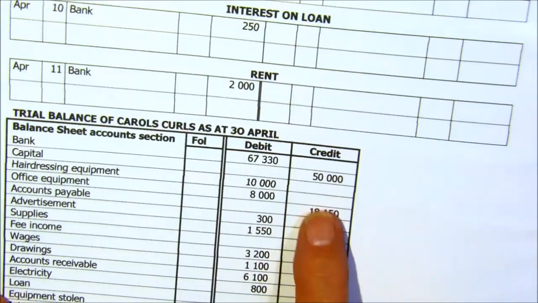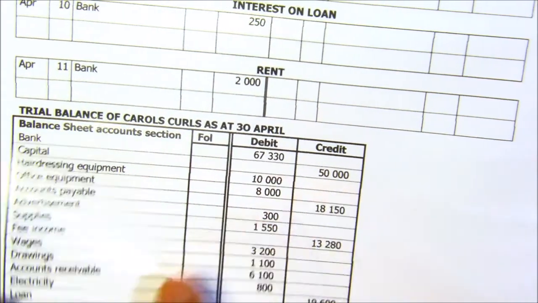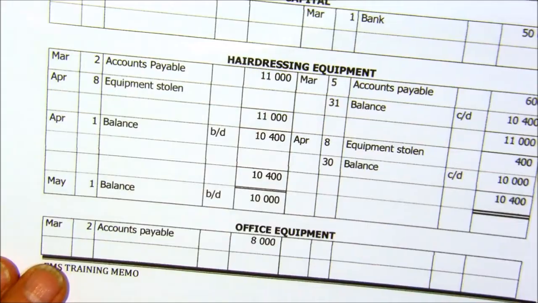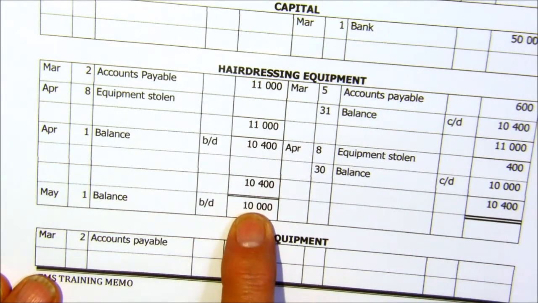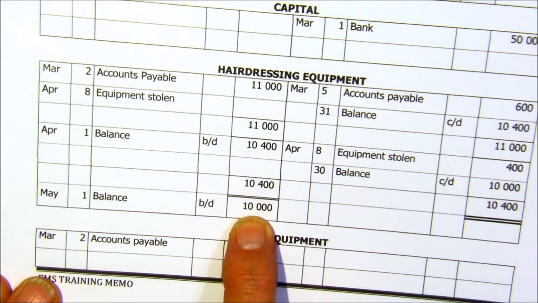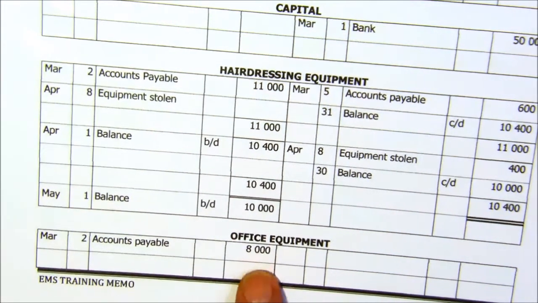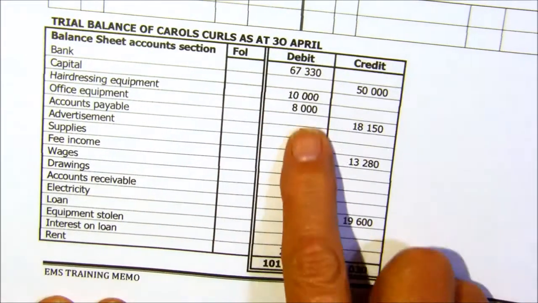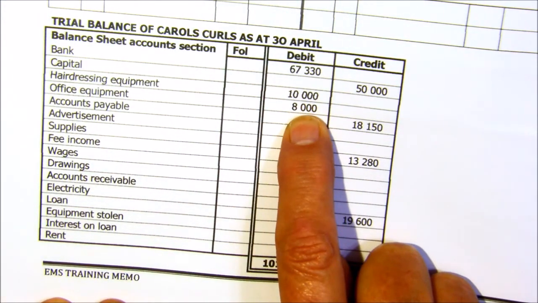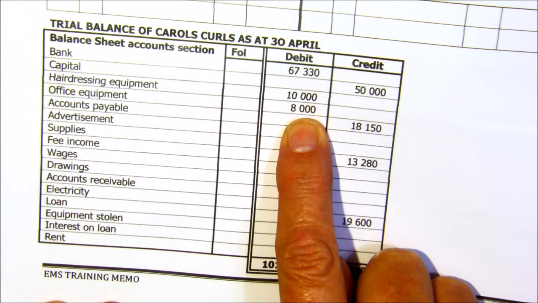So onto the credit side goes 50,000. Your hairdressing equipment changed quite a bit over the 2 months. By the end of it, you've got 10,000 Rand of hairdressing equipment and you've got 8,000 of office equipment. Both of those amounts go into your trial balance.